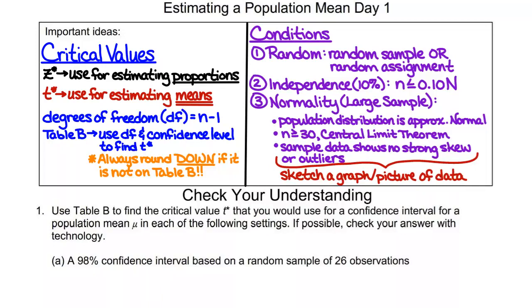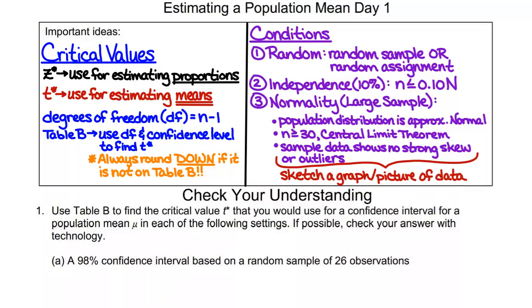If you go to look up the degrees of freedom and it's not actually on there, because if you look further down, they start counting by tens at a certain point, you're going to round down. Say if I had 94 degrees of freedom, I would round that down to 90. So if it's not in that left-hand column, then you're going to round down to the next closest number.